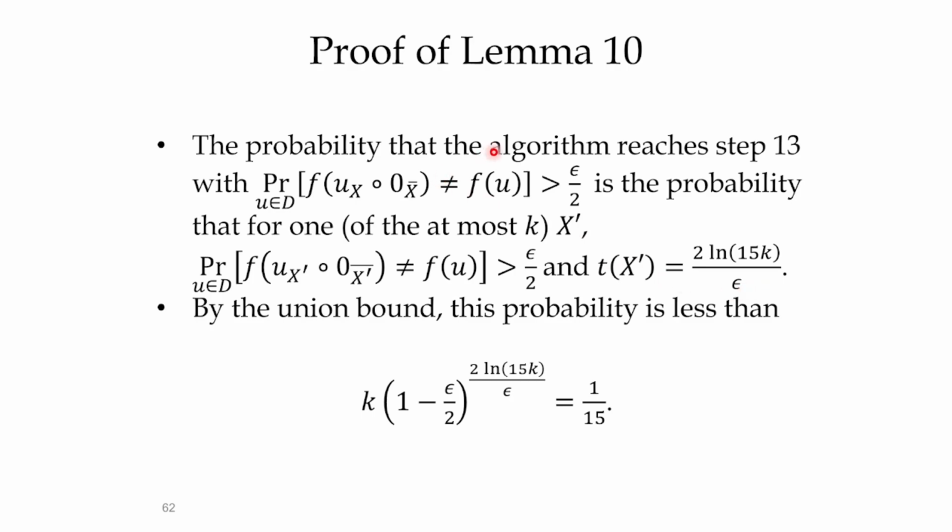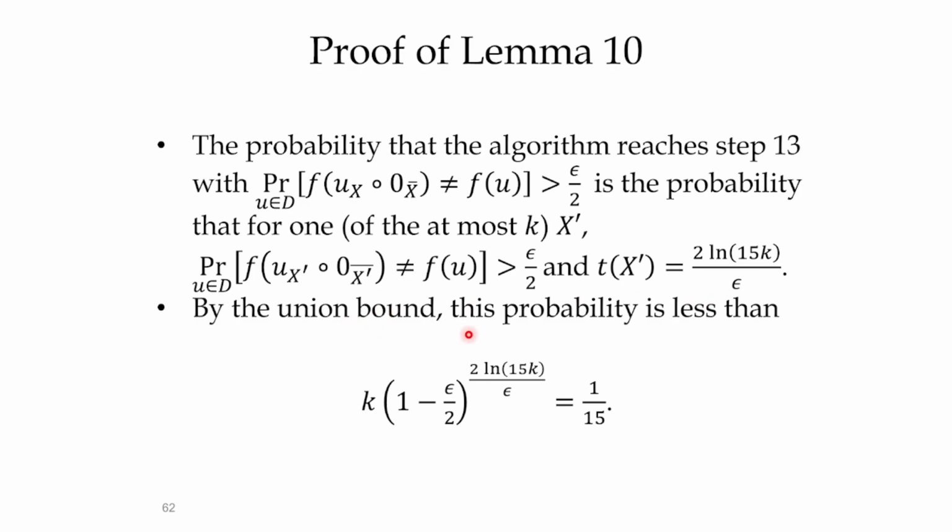The probability that the algorithm reaches step 13, where the probability over u in d of f of u subscript capital X concatenation 0 subscript capital X bar not equal to f of u is greater than epsilon divided by 2, is the probability that for one of at most k of capital X tag, the probability over u in d of f of u subscript capital X tag concatenation 0 subscript capital X tag bar not equal to f of u is greater than epsilon divided by 2, and t of capital X tag is equal to 2 ln 15k divided by epsilon.